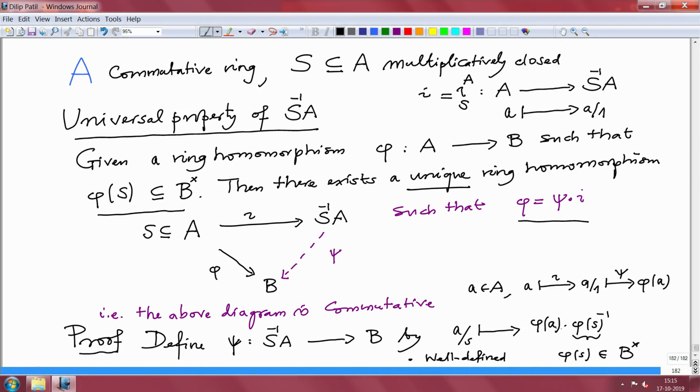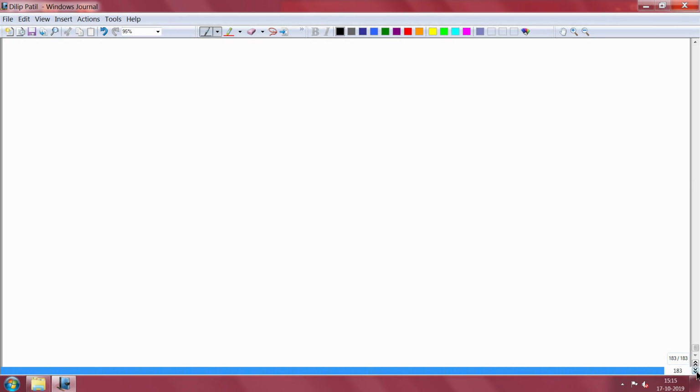So this definition is actually according to this demand, and now it is only a checking that it is well defined and it is a ring homomorphism. So let us do that very quickly. First, well-definedness.